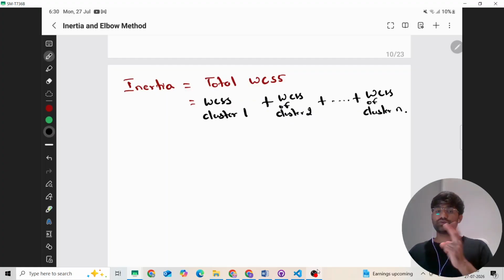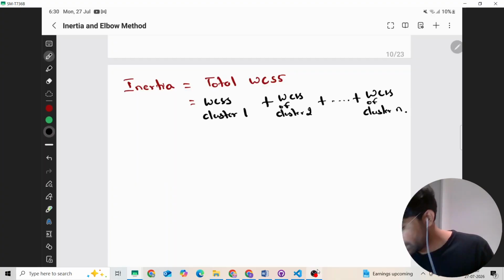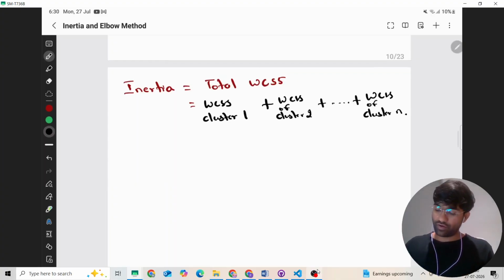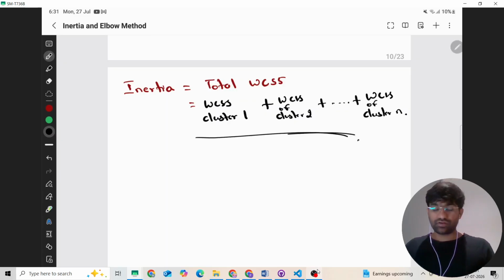We have to add all of these, and we get the total inertia.